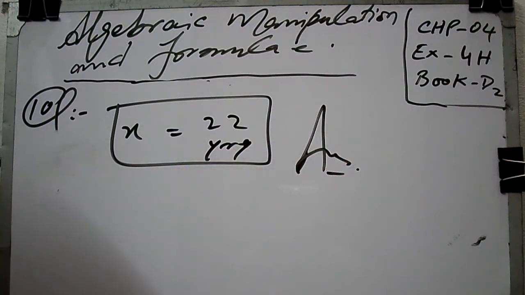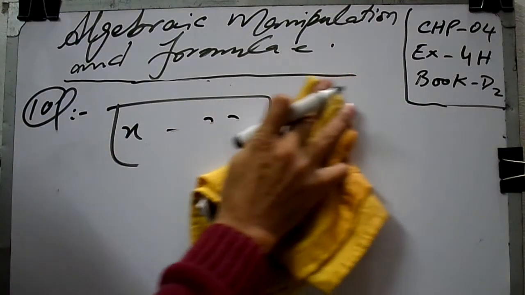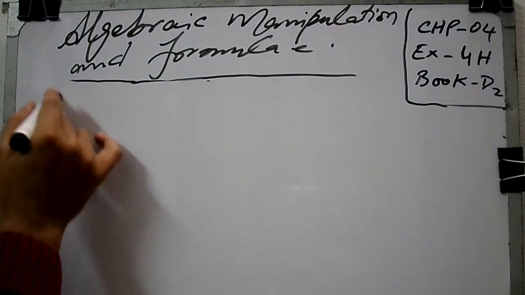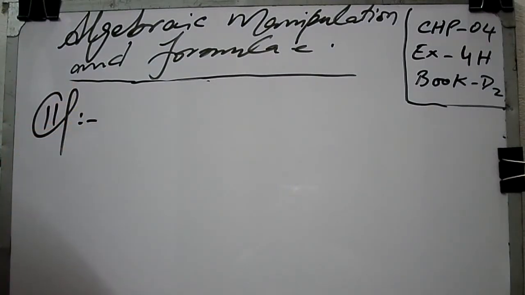Now coming to question number 11. If a piece of wood is 5 cm longer than the second piece, 3/4 of the second piece is equal to 3/5 of the first one, what is the length of the second piece?